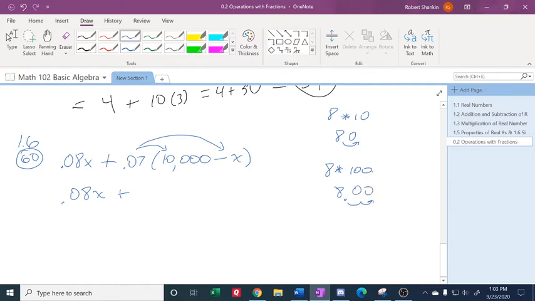Whenever you multiply by however many zeros are after the 1, that's how many places you move the decimal. So we can think of this as 1, 2, 3, 4 places I'm going to move this decimal. So 0.07, 1, 2, 3, 4, and then it would create 2 more zeros. So this decimal is gone, and then minus 0.07x. So this is really 700. Okay. And then these two are like terms.